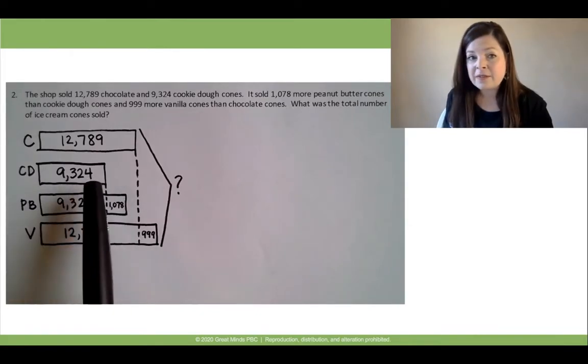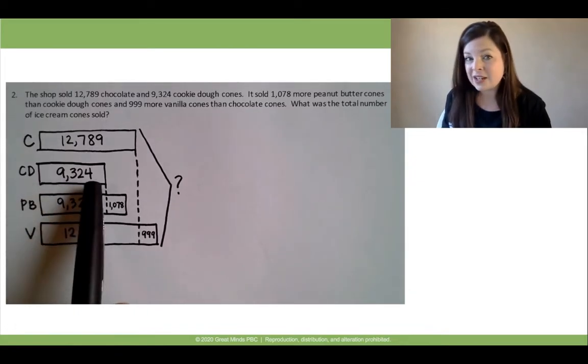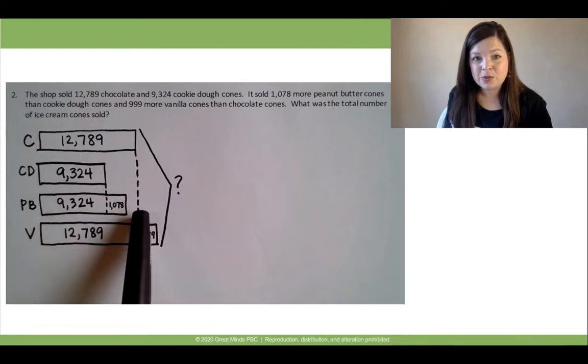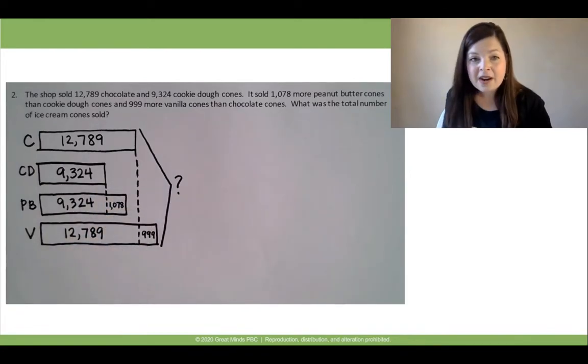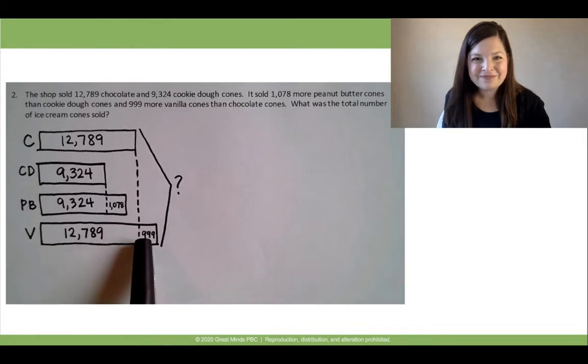So this part of the peanut butter cones is the same as the cookie dough cones, and then there's this extra part for the peanut butter cones. And for the vanilla cones, they're being compared to the chocolate cones that were sold. And so this part of the vanilla cones is the same as the chocolate cones that were sold, and then there's this extra part.